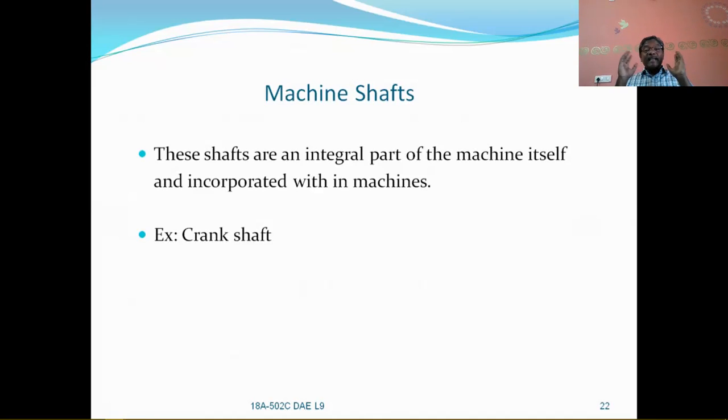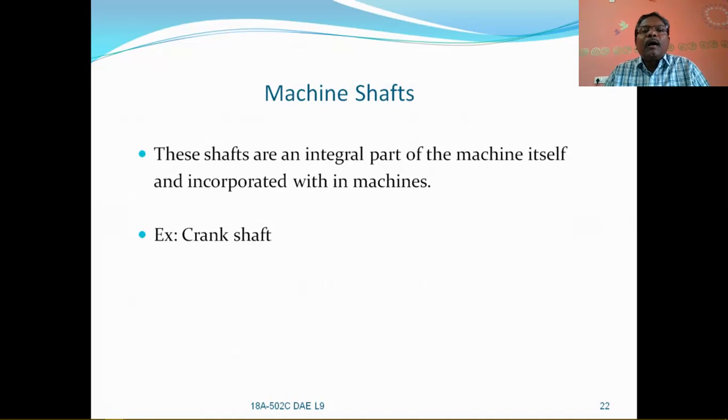So it is an integral part of the machine. The spindle of the lathe and the spindle of the drilling machine, and also the crankshaft of the IC engine come under the machine shafts.